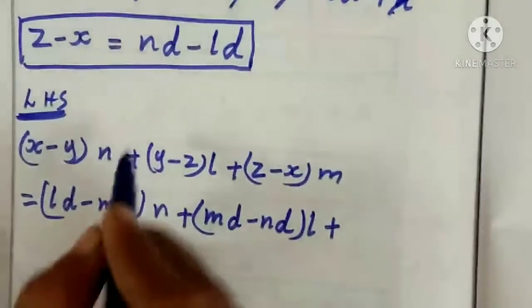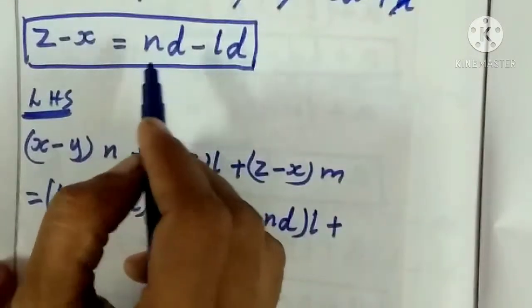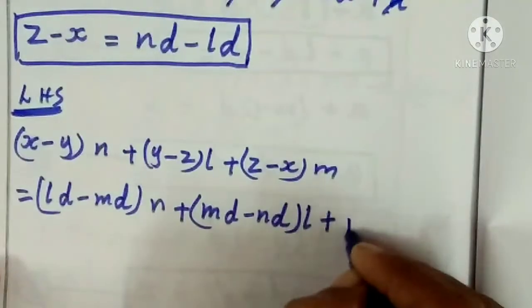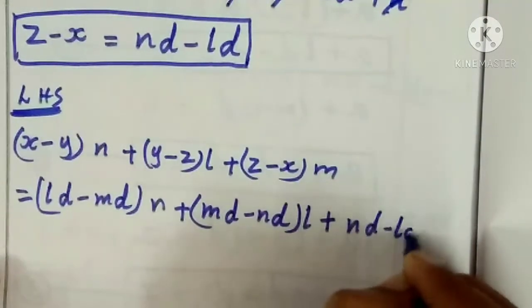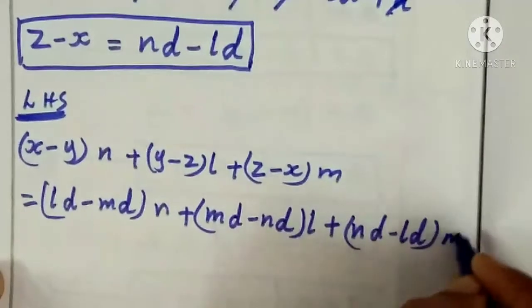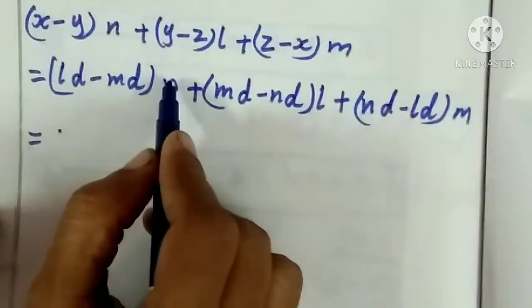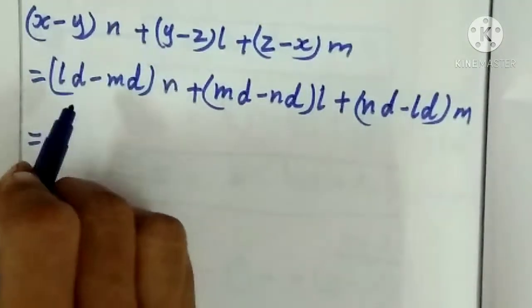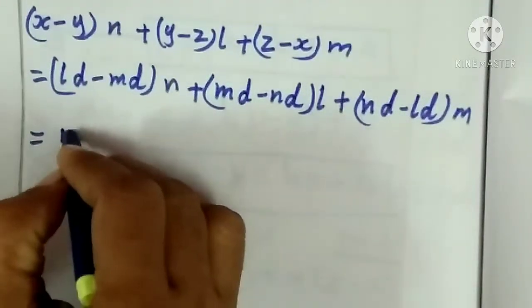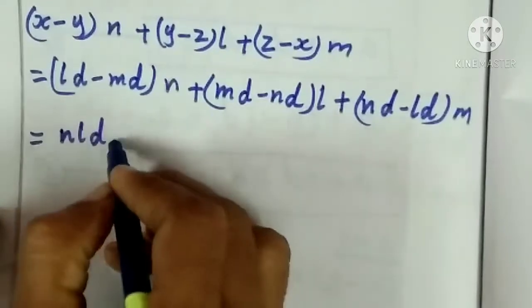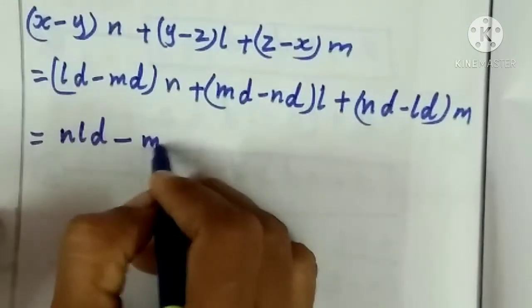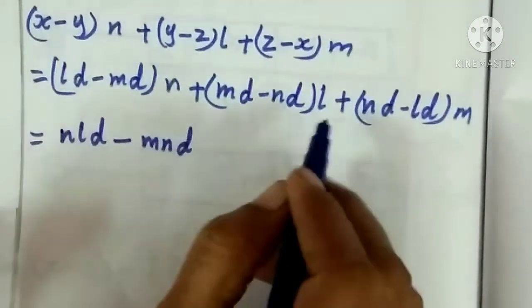For this you have to apply ND minus LD into M, which is equal to, that is, N into LD, NLD minus MND.